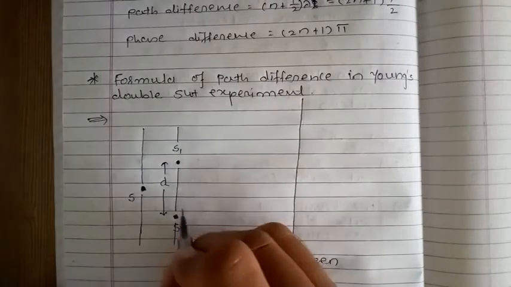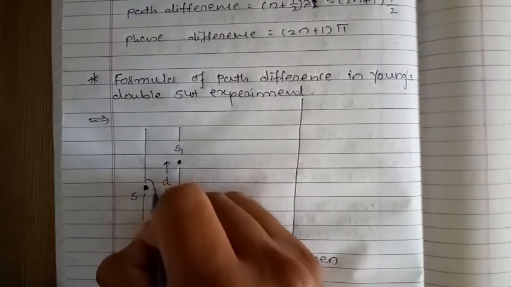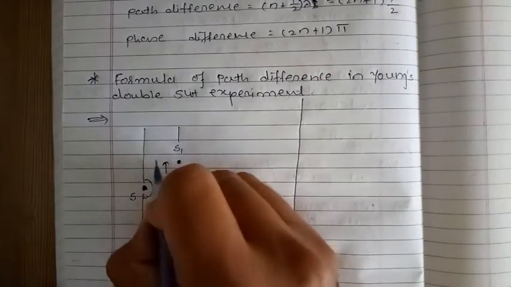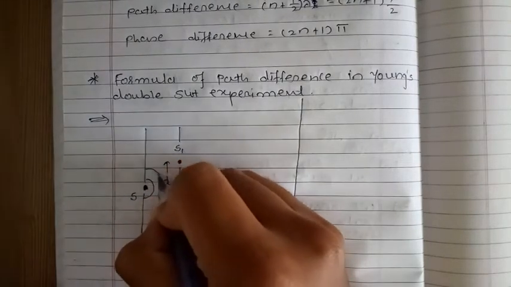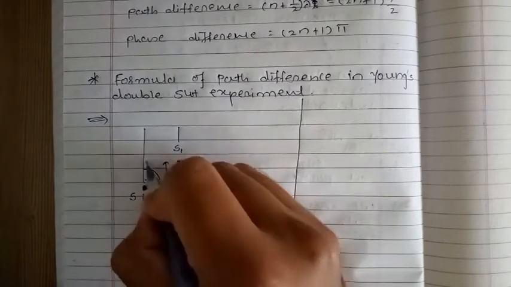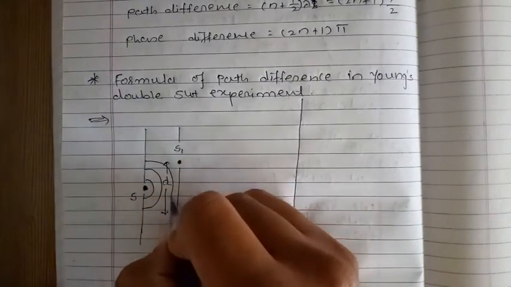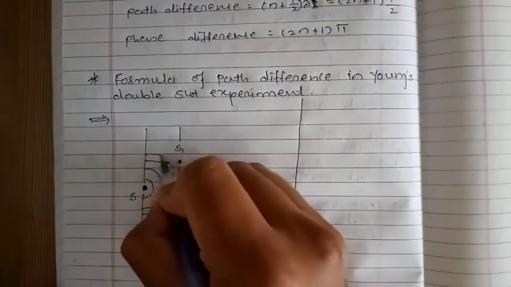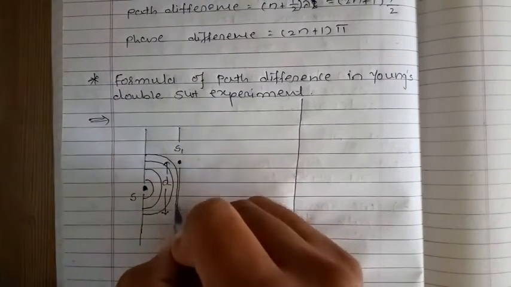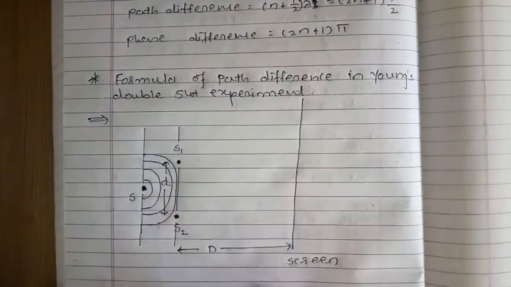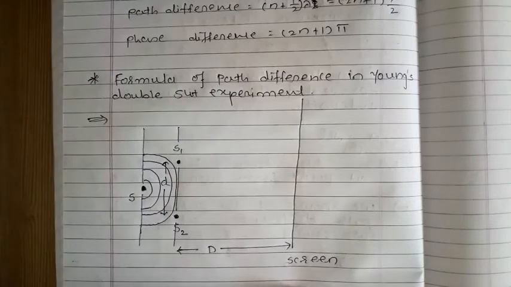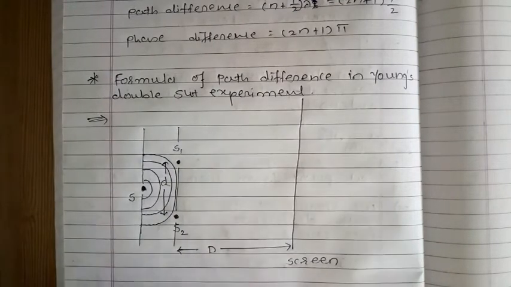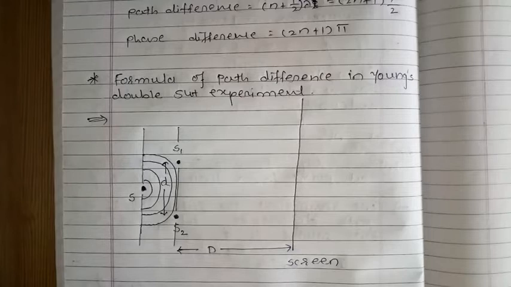So here we consider a wavefront like this, right? This wavefront is incident on S1 and S2 at the same time. So we can say that S1 and S2 are coherent sources, right?